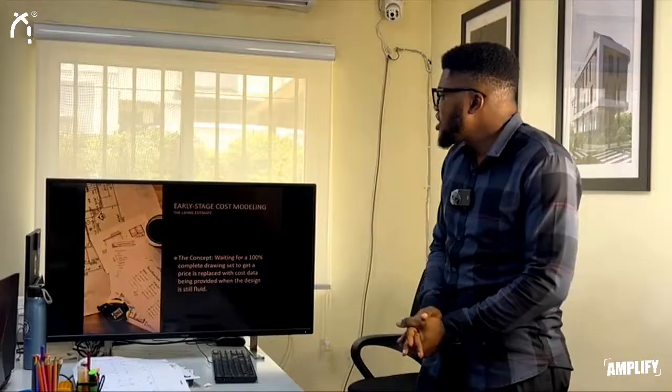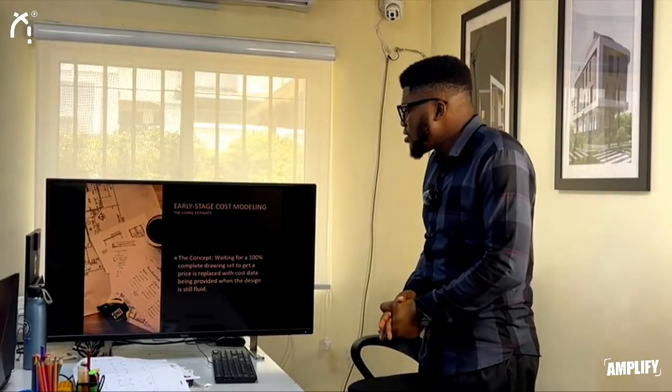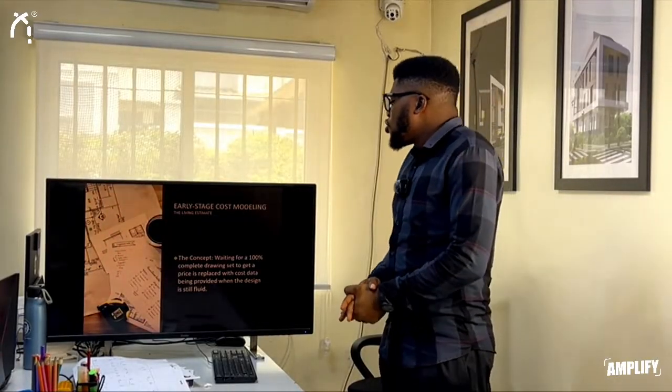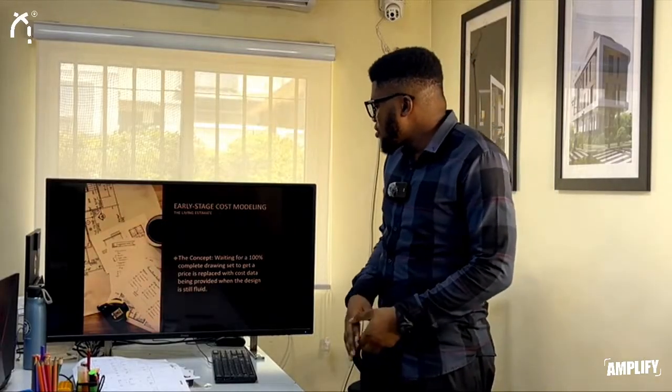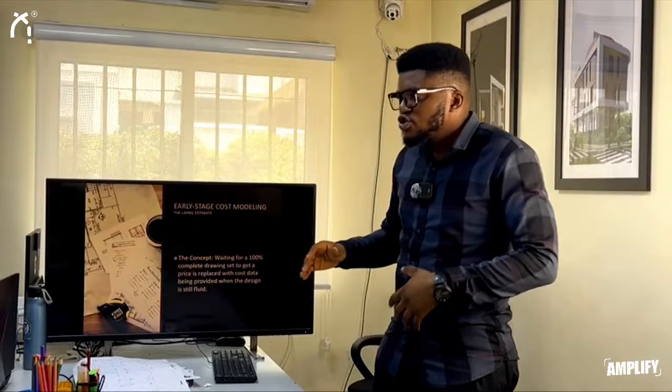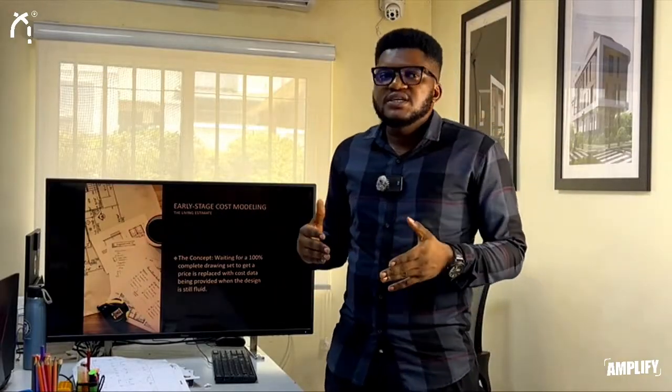Next, we are going to be talking about the early stage cost model. So at this point, we'll be talking about not just waiting for the design to be completed 100% before cost comes in.